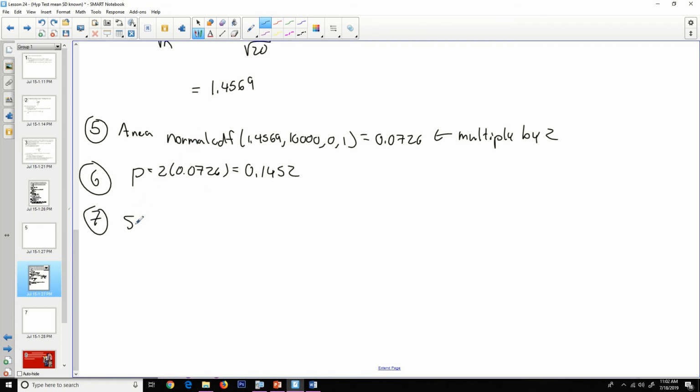Since p is greater than alpha, in this particular case 0.1452 is greater than 0.05, we will fail to reject the null hypothesis.